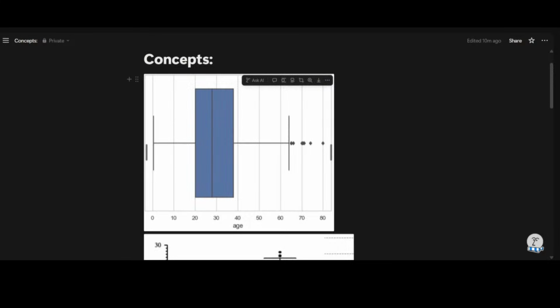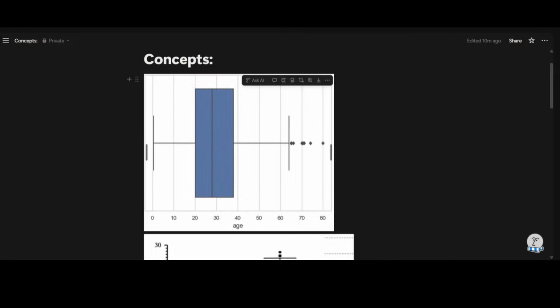Your box plot is just another visualization technique which will help you to see the distribution of data using five important numbers: your minimum, at this extreme end, your maximum, and your Q1, Q3, that is your 25% and 75%, and your 50%, that is your median. This line in between is your median. This is your Q1, your Q3, and this is also known as your interquartile range.